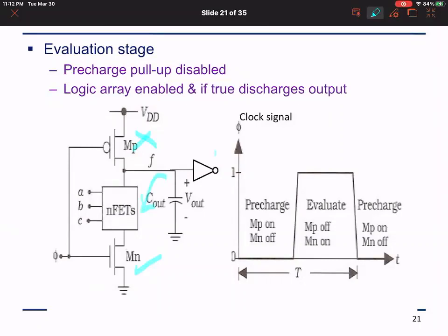If it discharges this will become a 1, and as it propagates, the 1 may arrive from other domino gates and move on to the second stages. Then what happens if I have a 1 arriving from other domino gates during evaluate? This can discharge this node, resulting in a 1 that will propagate to other stages.